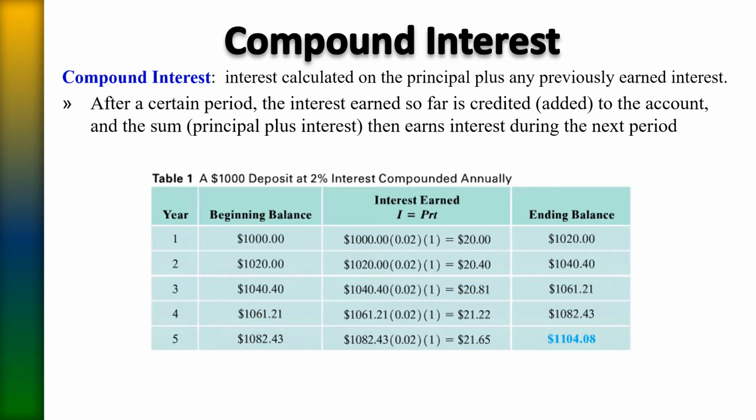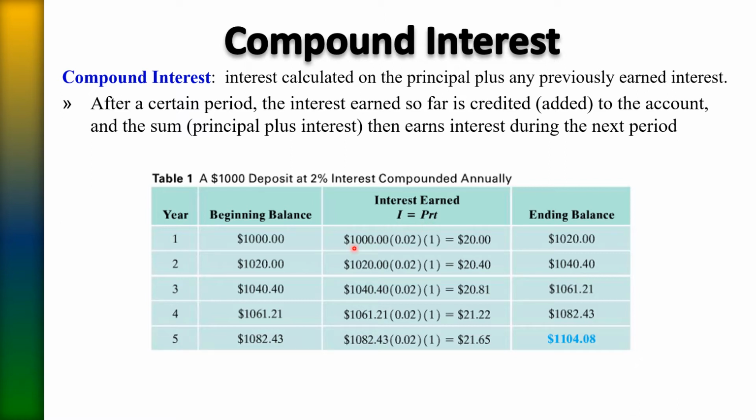So every year, annually means every year, the interest on this account is going to compound. What we mean by compound is it builds on each other each year. So to find the interest that you're going to get for the first year, recall that interest I equals PRT.